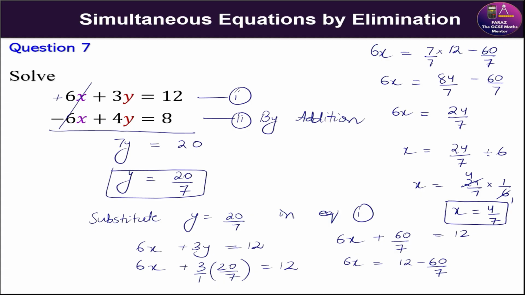We can leave our answer as a fraction, you don't need to convert it to decimals. So we have x equals 4 over 7 and y equals 20 over 7. These are the answers. Now let's move to the next one.